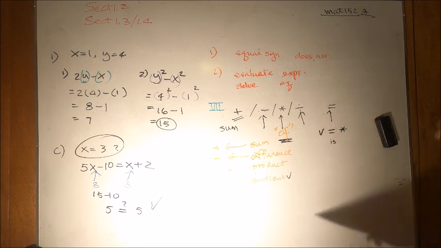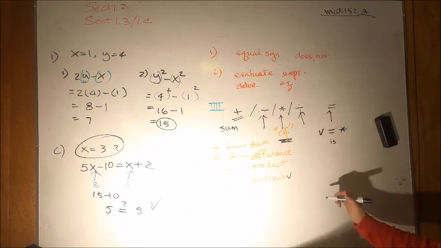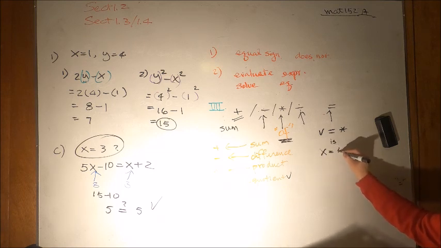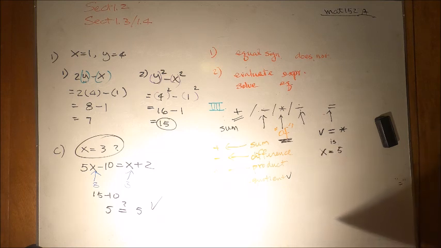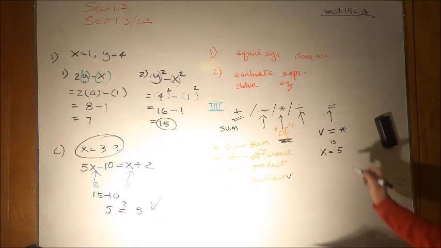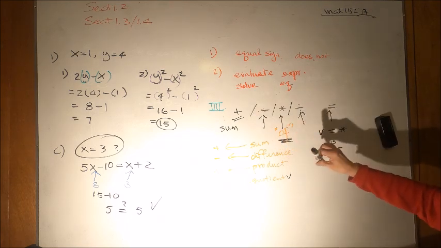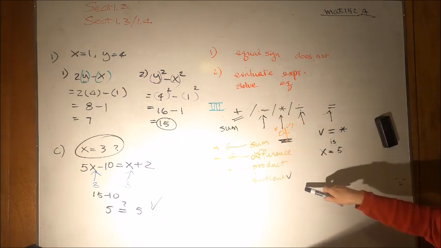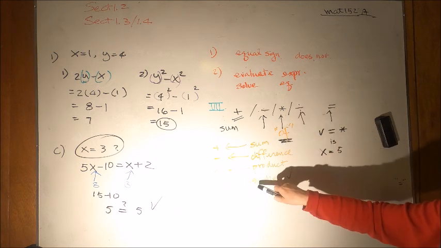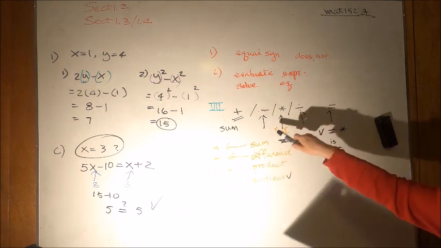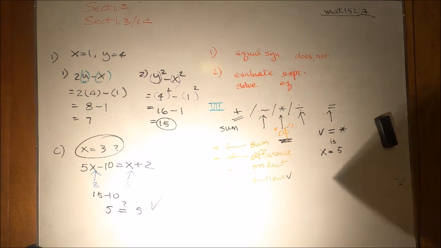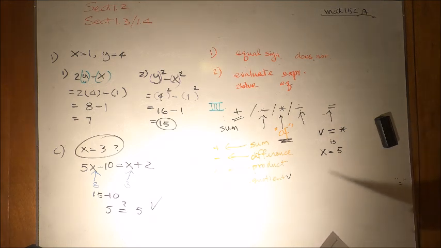Then you use equal sign, right? Say x is 5. Then you use equal sign, right? So that's the symbols we use. Then that's how we translate the English to math language, right? So let's take a look.